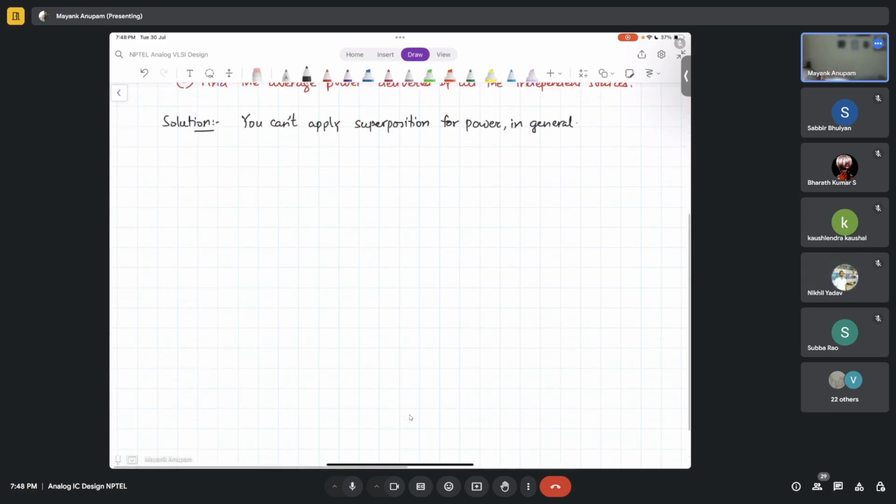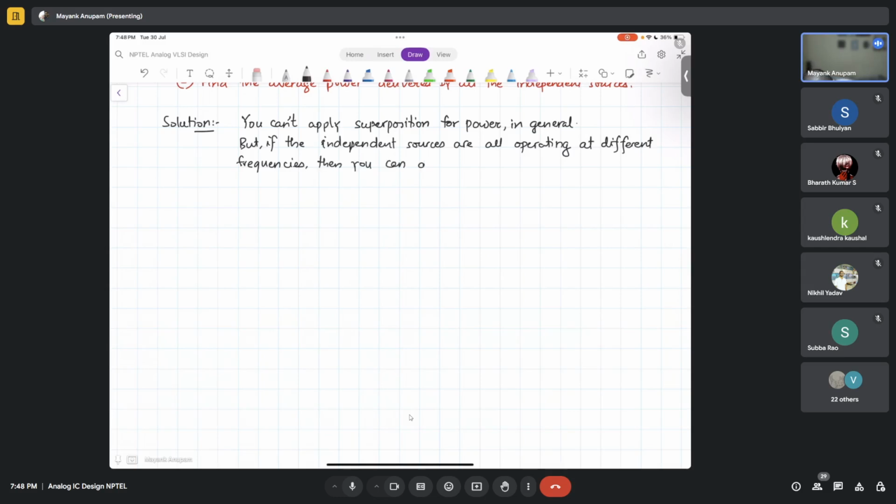But if the independent sources in the network are all operating at different frequencies, then you can apply it.